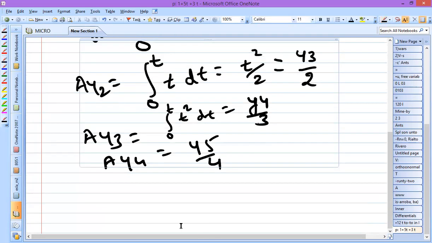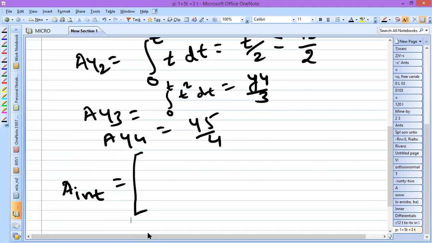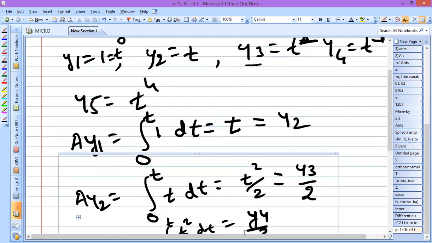So once you get these integral values, now you can write the matrix for the integration. So here for the first one, it consists of only t.